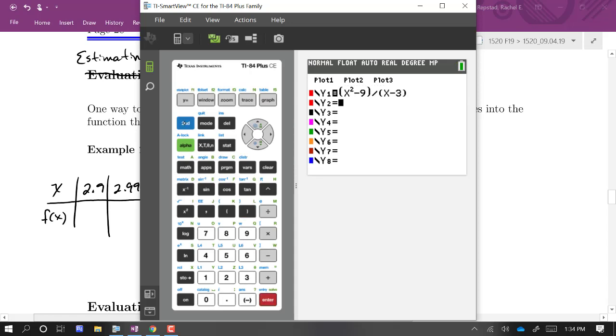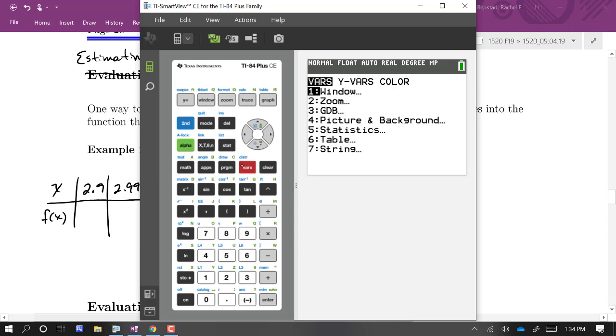And then I'm going to quit to the home screen, and my calculator can just evaluate a function. So if I hit vars, which is next to clear, and then I put it in my y equals editor, I'm going to arrow over to y bars on top.